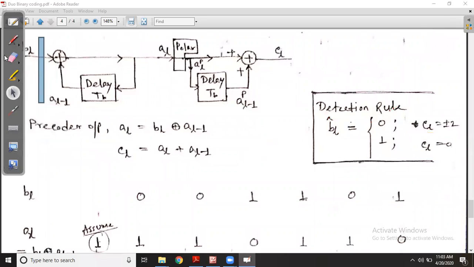This block is nothing but your precoder, and the function of the precoder is your AL, which is an XOR between, listen carefully, BL and A of L minus 1.